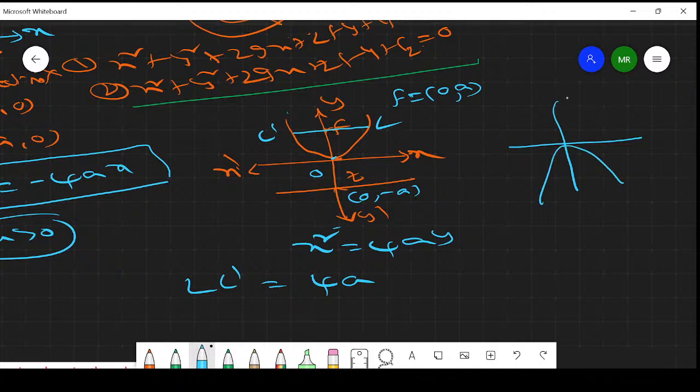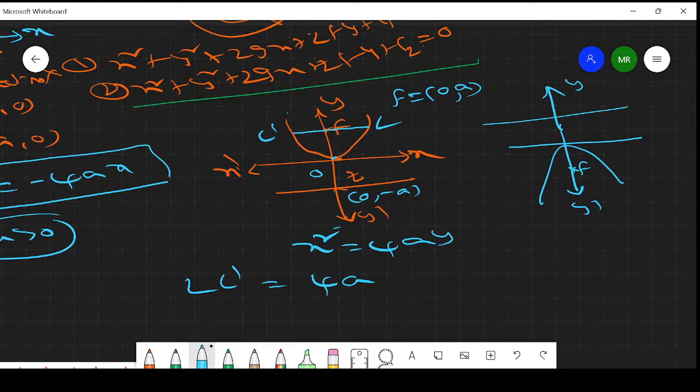Here I can write y'. The focus will be here, and here is the directrix, the Z point, and you can extend this line. This is a perpendicular line only.